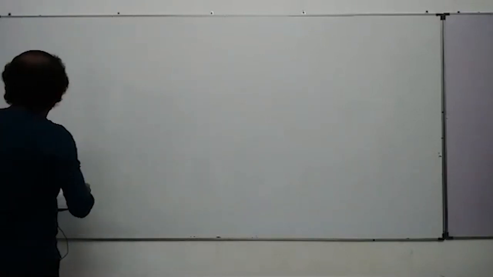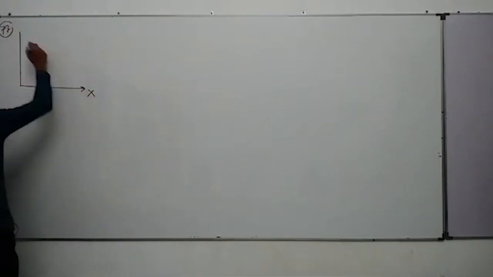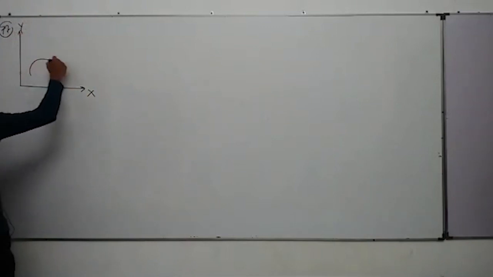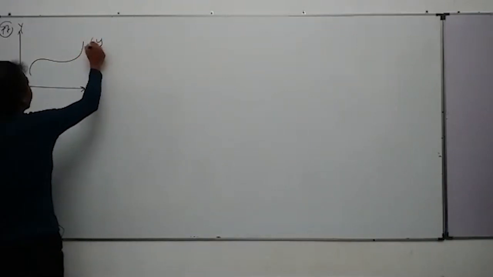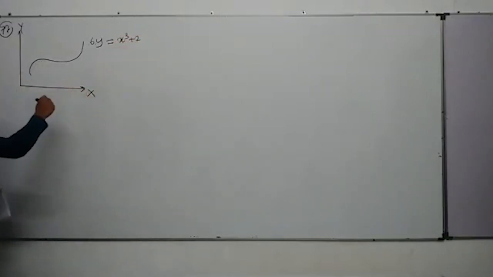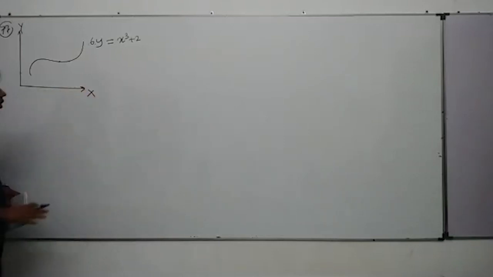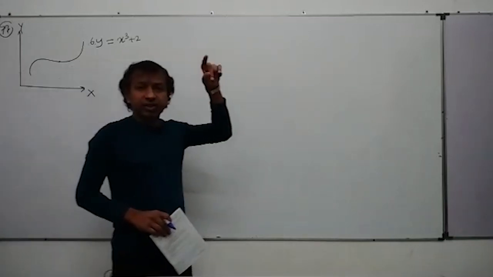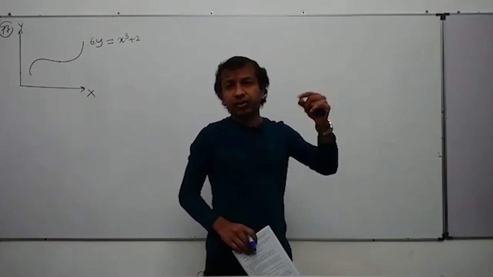A particle. Right. Suppose that curve is this. Its equation is given by 6y equals x cubed plus 2. When we move from here to here, you can see though we move to the right, there is hardly any rise of y, hardly any upward motion.